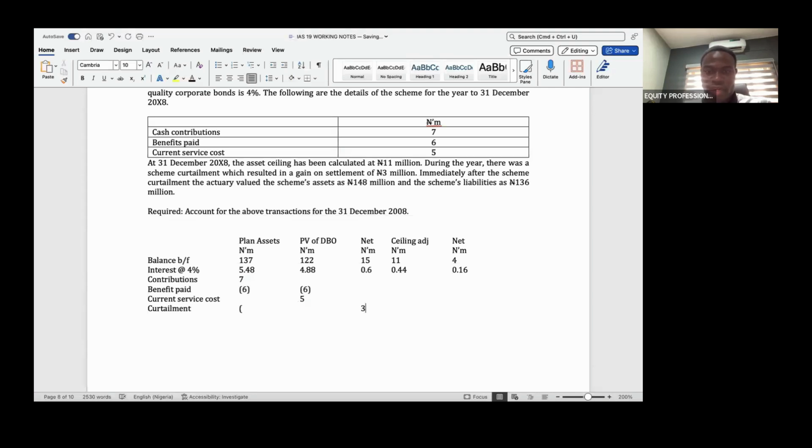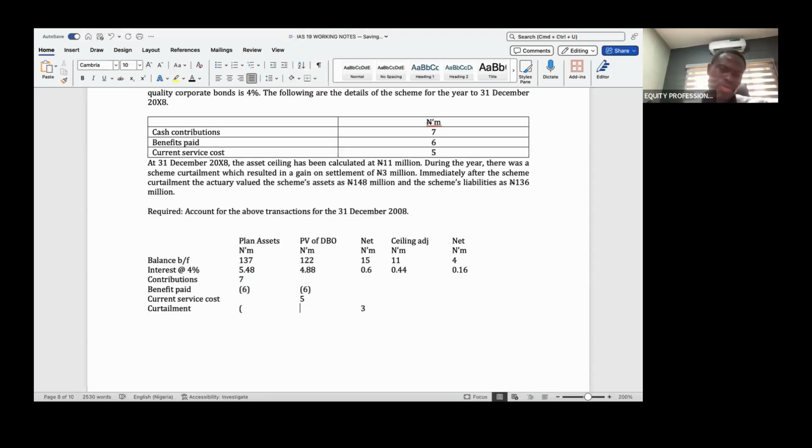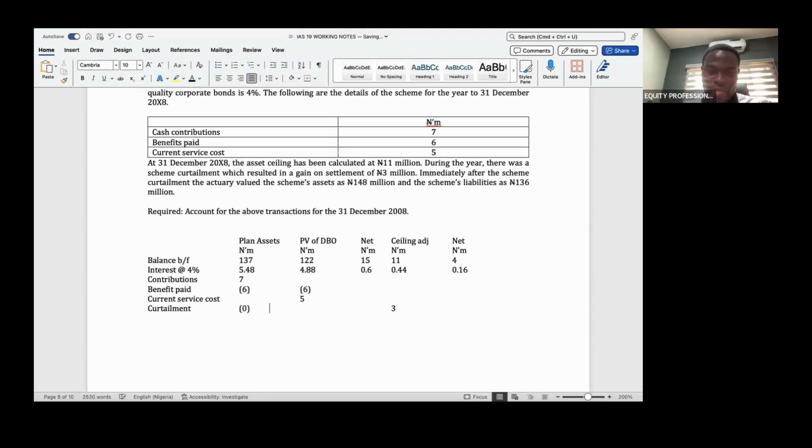Giving me the gain directly as 3 shows me that, which one will have been higher, obligation or asset? Assets. Gain. No, now, obligation will be higher. Yes, obligation will have been higher by that 3.